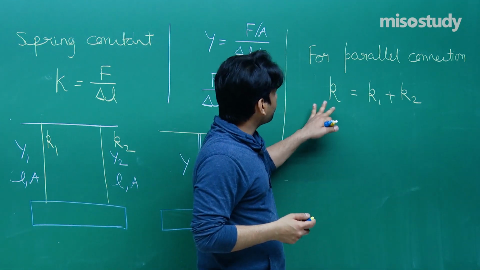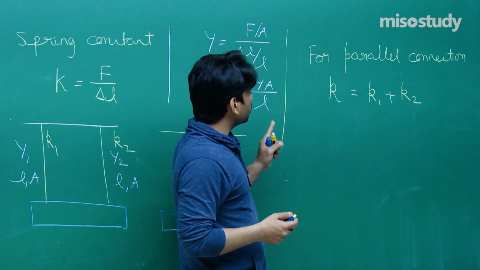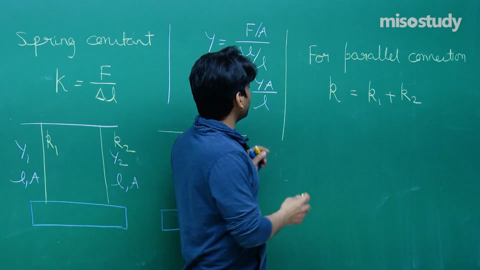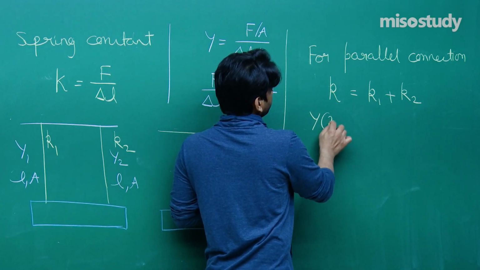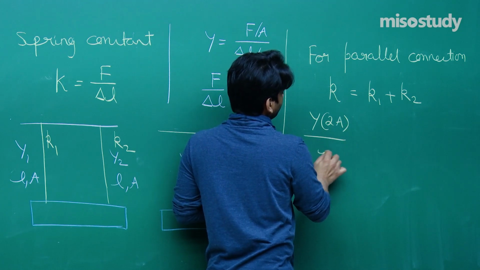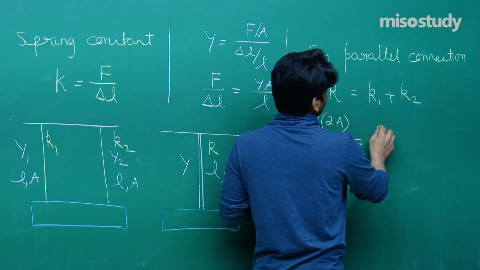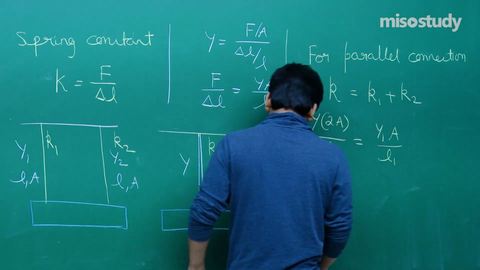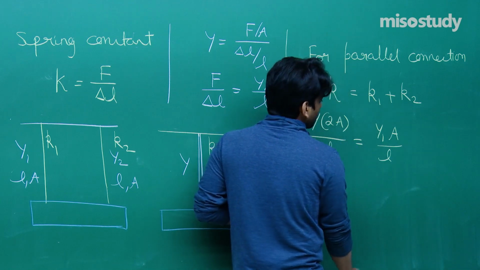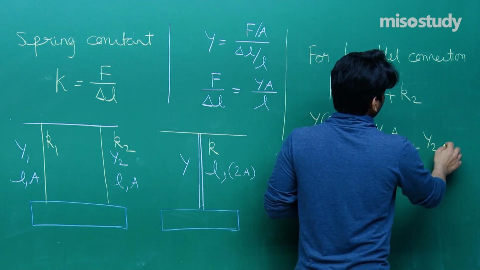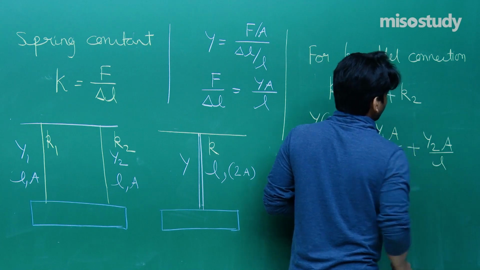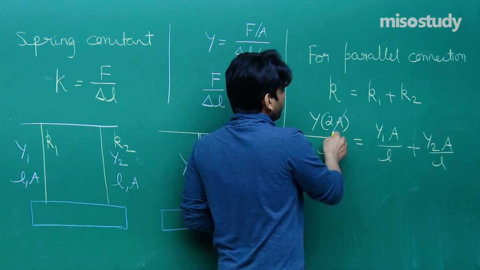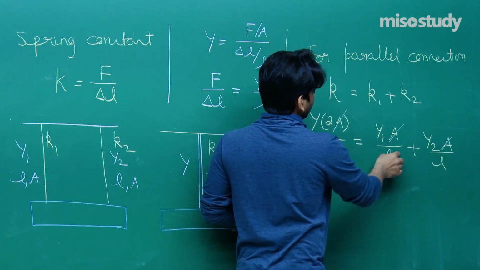Now let's go ahead. We have this K. K is proportional to F upon delta L, and F upon delta L is YA upon L. So let me write here Y into 2A divided by L, and K1 as Y1 into A divided by L, L is the same, plus Y2 into A divided by L. If we simplify this, A will cancel out from each term, L will cancel out.